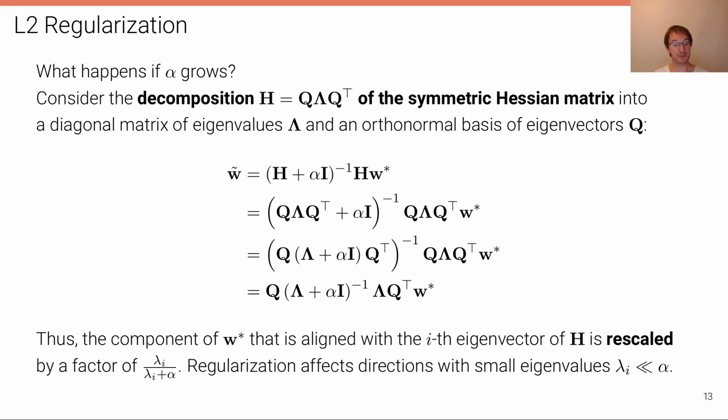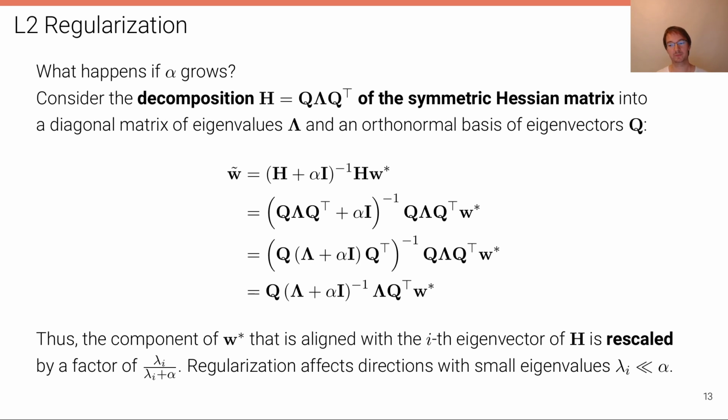And what we can also see is that the regularization affects directions with small eigenvalues, but not with large eigenvalues. So if the eigenvalues lambda i are much smaller than alpha, let's say alpha is 1 and lambda is 0.1, then this term here becomes very small. So the rescaling takes effect.